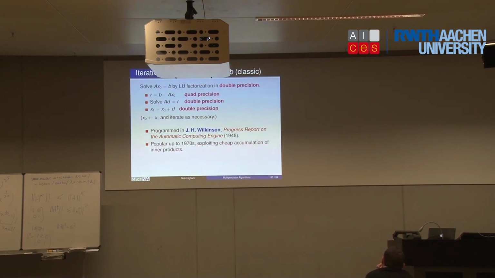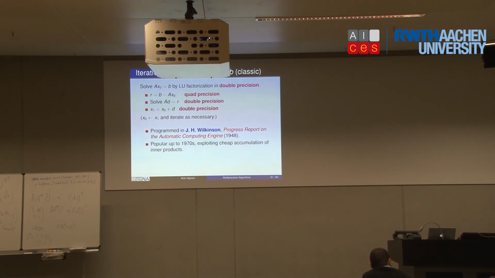So the idea is you solve the system, your working precision here is double, that's the base precision, and he computes a solution x0 via LU factorization, a couple of triangular solves there. He then forms the residual, r = b - Ax0, in quad precision. Now on early computers, often you could get this residual in high precision at no extra cost, because when they did a multiplication, they actually formed it to high precision and then rounded it back to double.